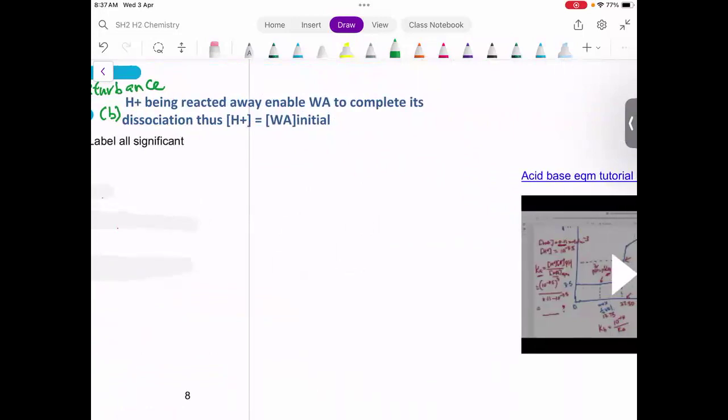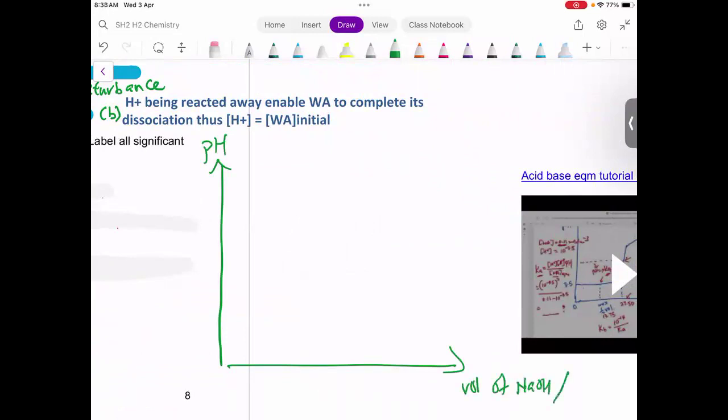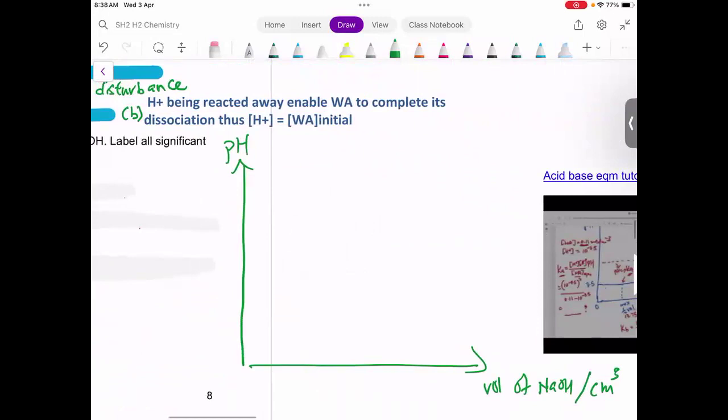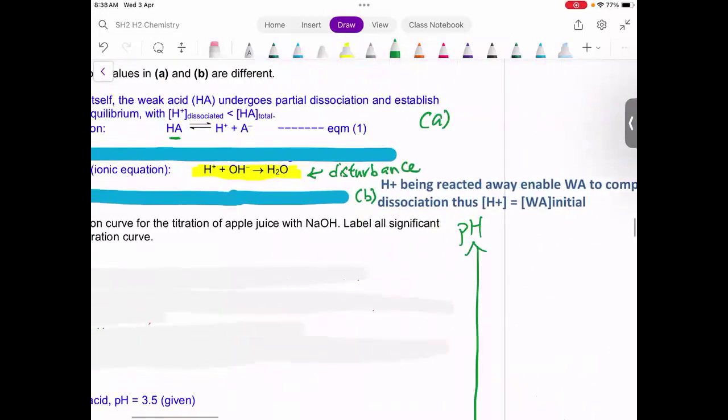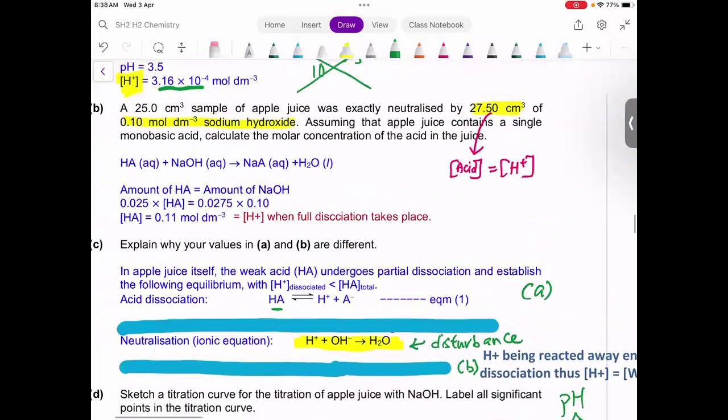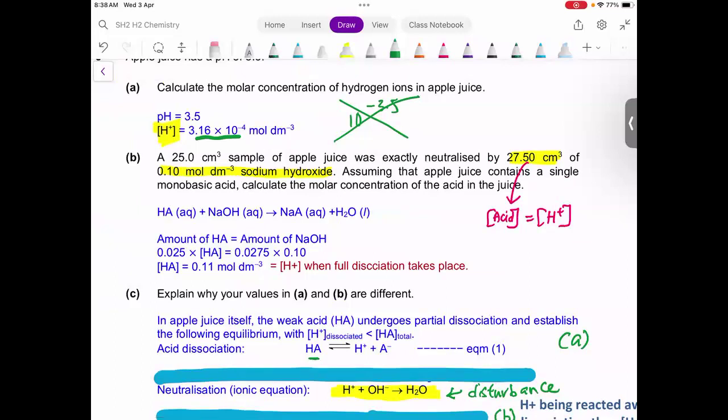Okay, so if you look at the axes, of course, you have your pH versus the volume of sodium hydroxide. This is the first thing you'll do: write down the axes first. Then we have the initial pH, which is already given in the question. On its own, the weak acid undergoes partial dissociation.